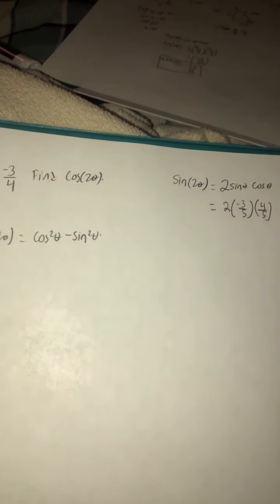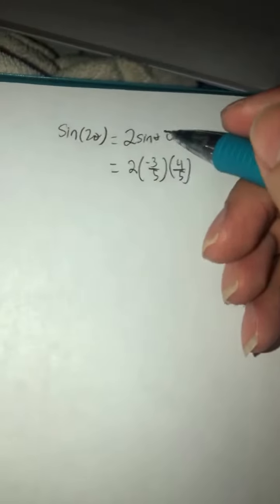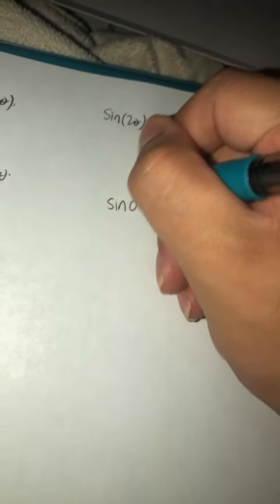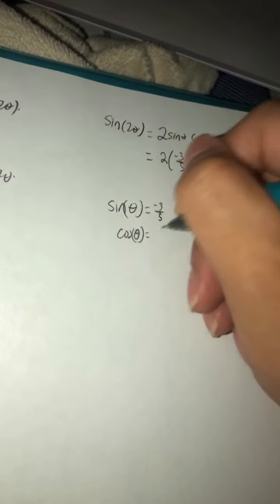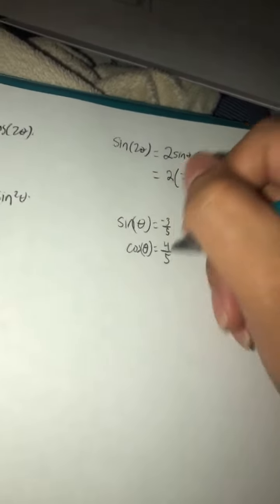We know from this right here, basically, sine theta is -3/5, and cosine theta is 4/5. We know that, okay?